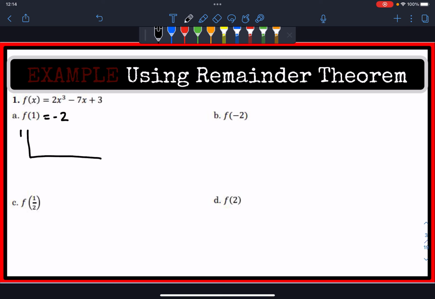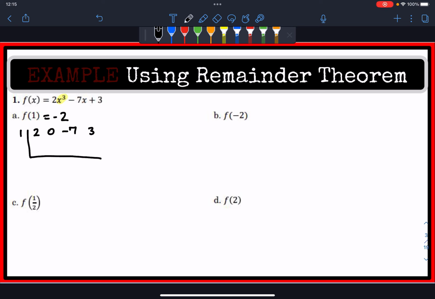Since I have x to the third power, the degree of this polynomial, I start with 2. But notice that I do not have an x to the second power. I skip from x to the third to x to the first, so I'm going to use a 0 to hold the place value for that quadratic term. Then I have my linear term of -7x, and then 3.